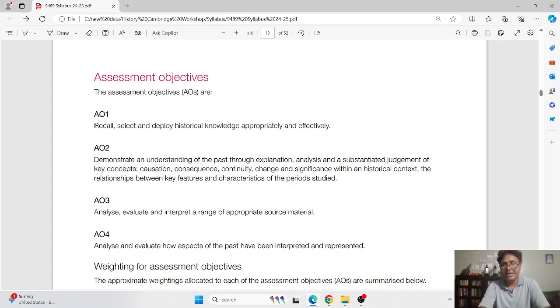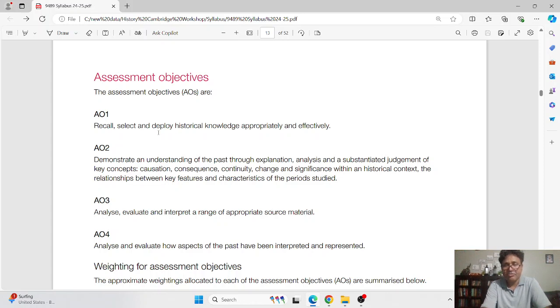Assessment objective 1 means that the candidate is going to recall knowledge, select out of that knowledge and apply it in order to produce the answer. And assessment objective 2 is about causation, the question that demands causation, explanation, analysis, and judgment on the part of the candidate.